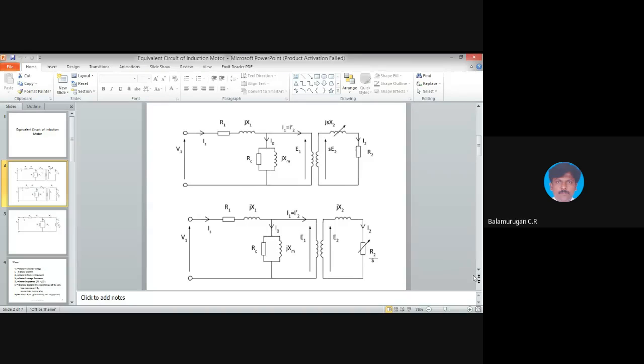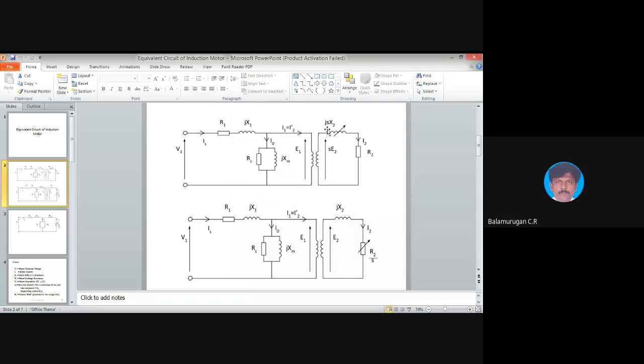The elements available in the circuit are stator resistance, stator reactance, rotor resistance, rotor reactance, and then a mechanical load. If you see the first diagram, what is the additional parameter available in this circuit diagram compared to the transformer equivalent circuit?